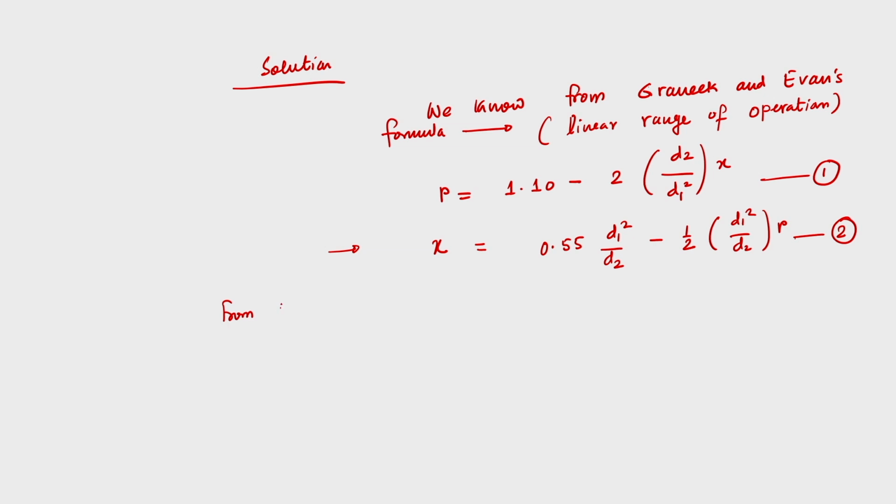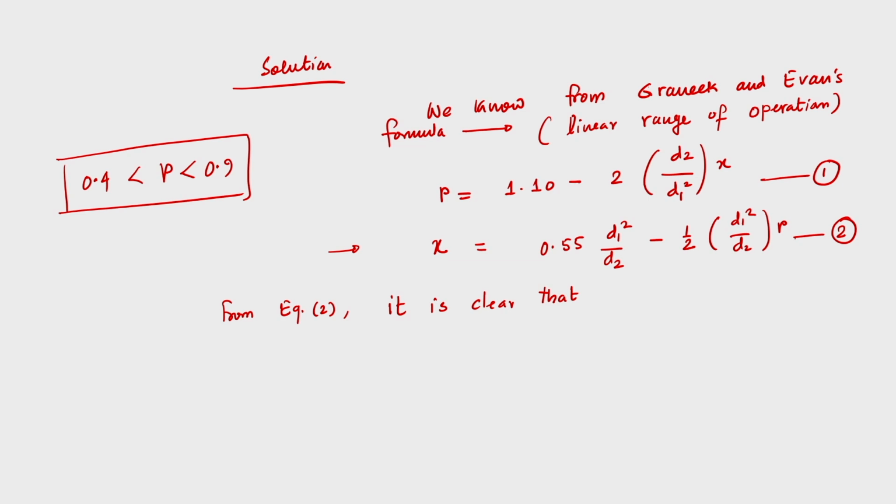From equation 2 it is clear that the value of R varies from 0.9 to 0.4, as we discussed while discussing the operational principle of this gauge. Looking at equation 2, x will be maximum if R is minimum and vice versa.